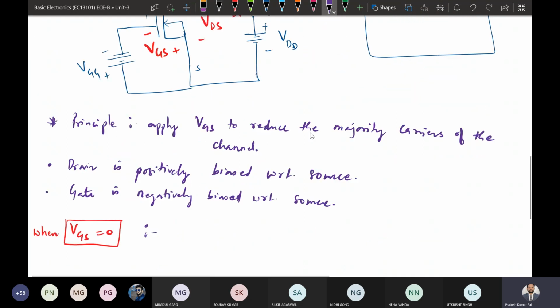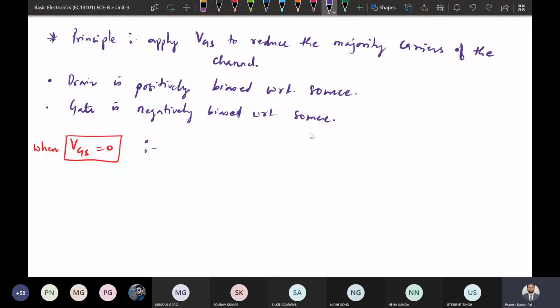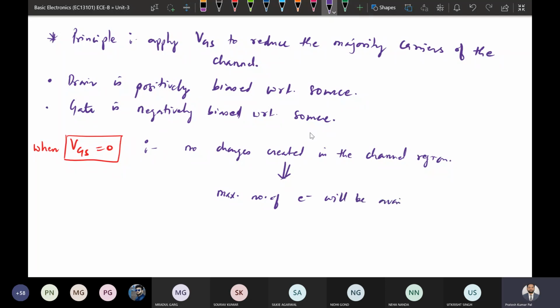If we are applying gate to source voltage that is 0, at that time there will be no charges created in the channel region. If there are no charges created in the channel region, that means the maximum number of electrons will be available for conduction.